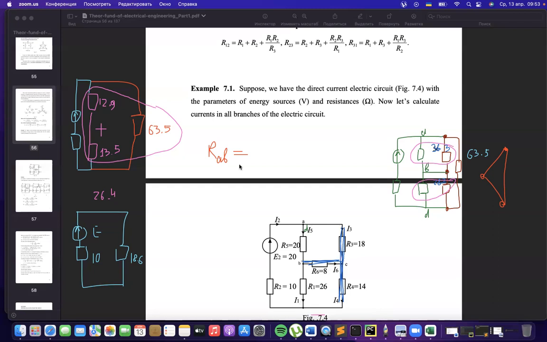It is R3 and R6, and it will be R3 plus R6 plus R3 times R6 divided by R4. Because we are looking not at the index numbers, but at the placement, the appearance of these resistors in the circuit. What is their disposition in our transformation?